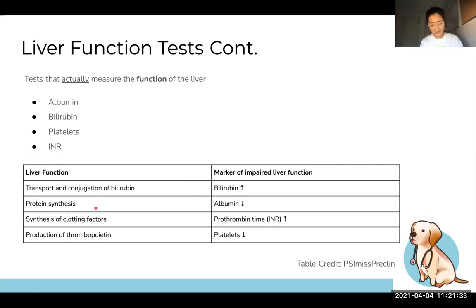If it's not working, you will have decreased protein synthesis, and that's going to decrease albumin. With regards to INR, the liver normally synthesizes your clotting factors. If it's not doing that properly, it will increase the amount of time it takes for your blood to clot. So that will increase the INR, which is just the prothrombin time. And lastly, your liver makes your platelets, through production of thrombopoietin. If you don't have that going on, you'll have a decreased amount of platelets.